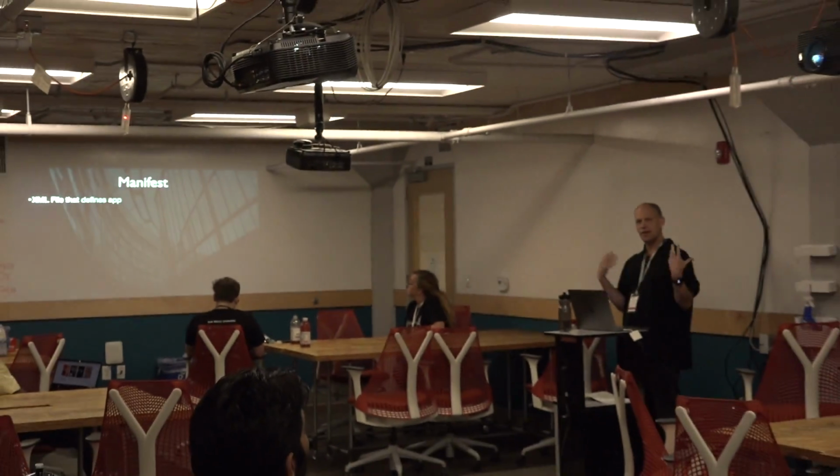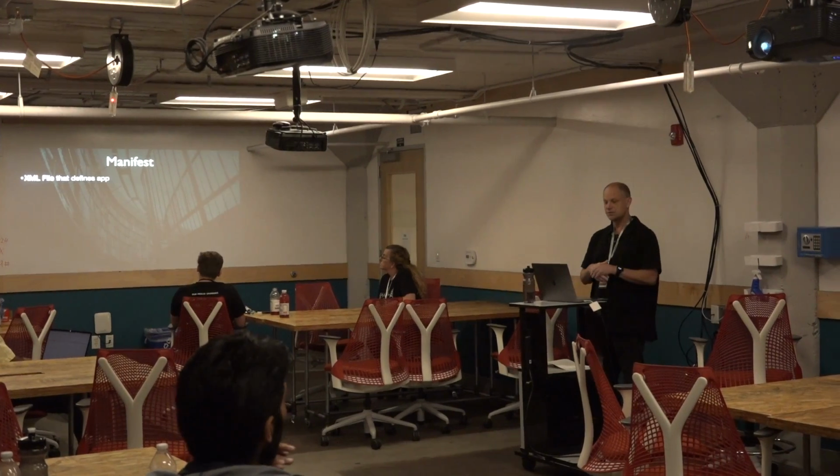The manifest is an XML file that defines the app. When you create an app, one is created for you, which is nice, but this is where everything that makes up your app is defined. It also sets the permissions that are needed. A lot of apps nowadays need certain permissions.